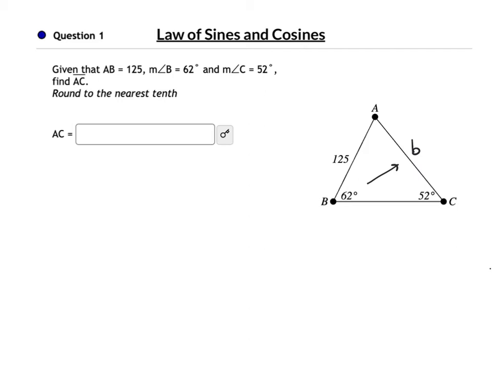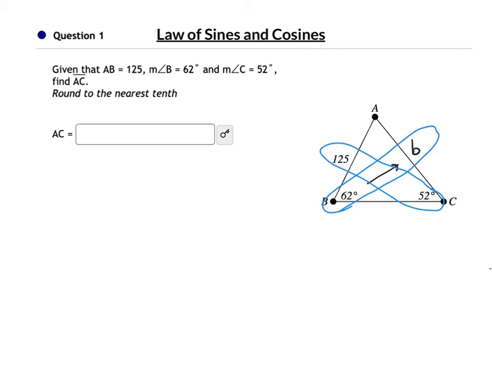Law of cosines, if you have the included angle, you can find the opposite side. If you have all three sides, you can find any angle. What we have here is two pairs of opposites. We have 52 and 125, and we have 62 and the B we're looking for. That's segment AC. Two pairs of opposites is law of sines.